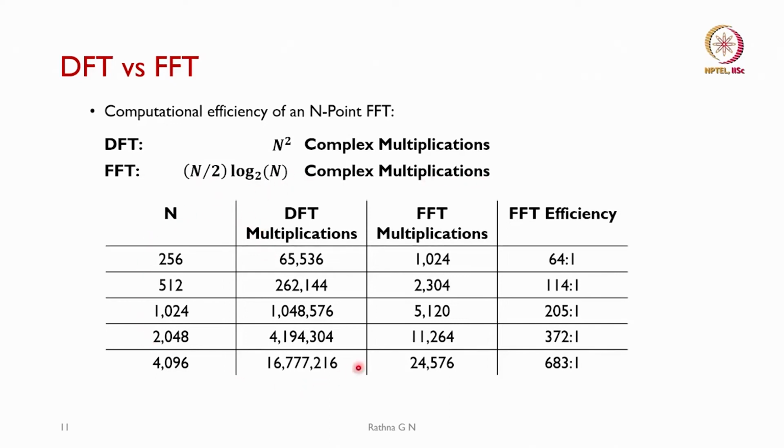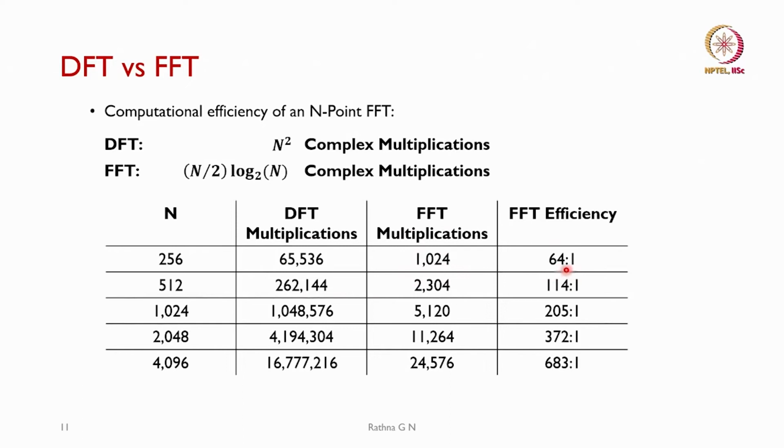With respect to that, we know N is of the order of a power of 2. So, we compare the number of multiplications required by DFT and by FFT, and only with respect to this we will be comparing our efficiency.